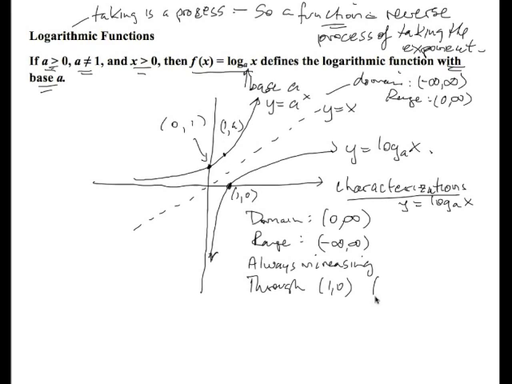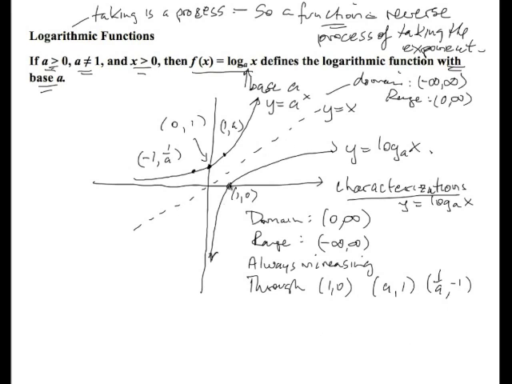So it also goes through (a, 1). So reverse of those. It also goes through (-1, 1/a) here, of course. So therefore it goes through (1/a, -1). So there's 3 points that it will go through.